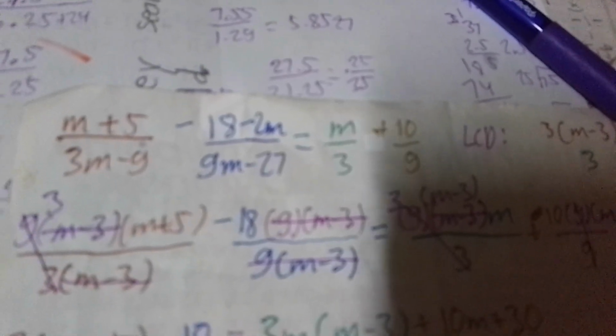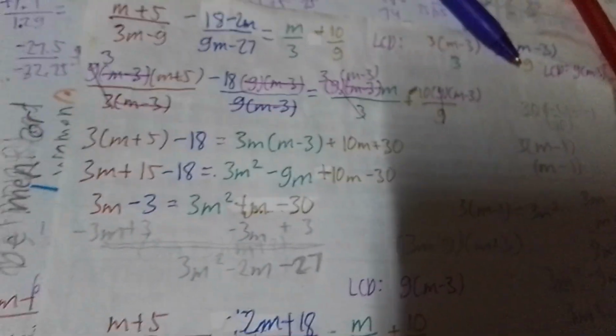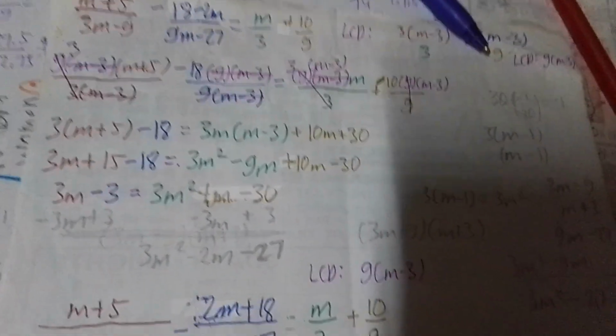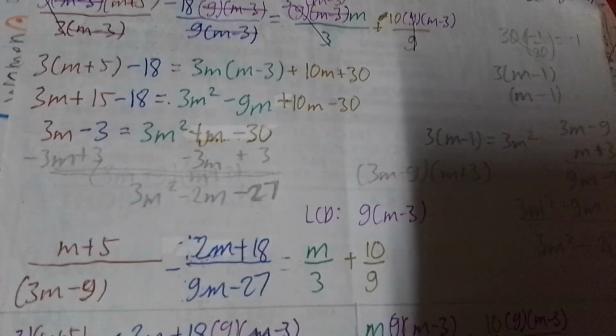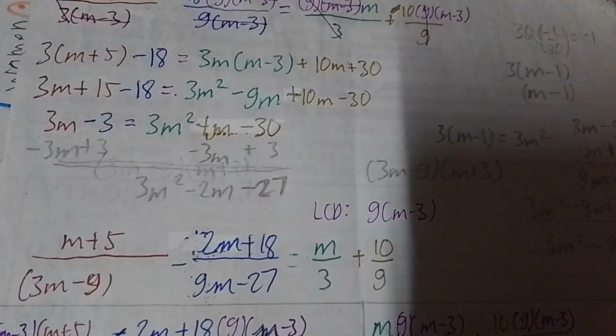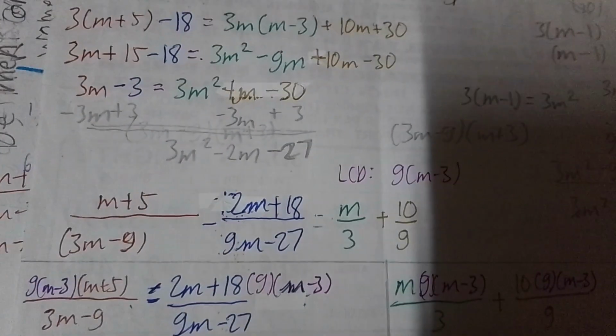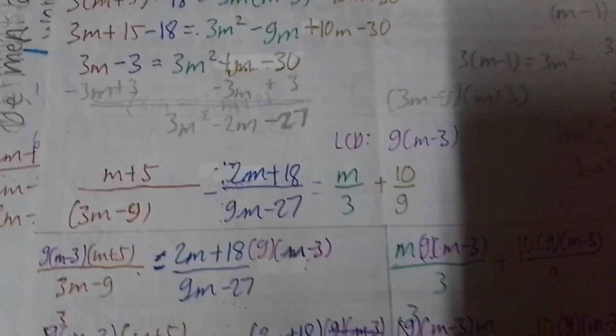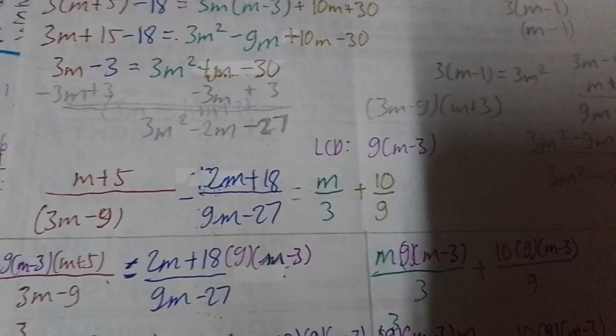Diba? Minus 2m plus 18, in which you have to distribute the negative. Oh yan, diba? Remember this is the real solution that I've done here. So yan, diba? That is our LCD. So 2m plus 18, these guys cancel.